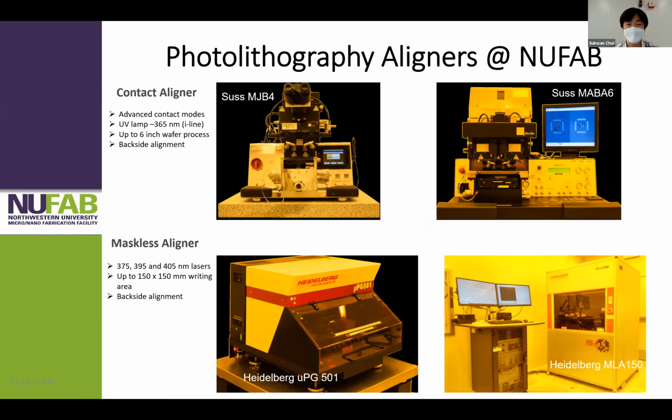At the bottom, we have the Heidelberg Micro PG 501 and MLA 150 maskless aligners. Whenever users come here, they can utilize these. Basically, people can make the mask, and then with the mask, use the contact aligner to do multiple patterning.